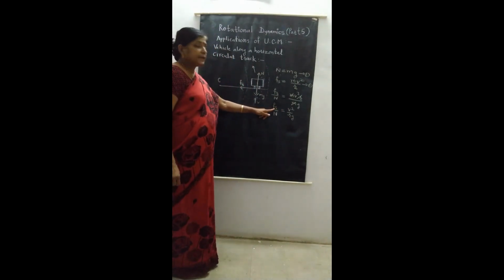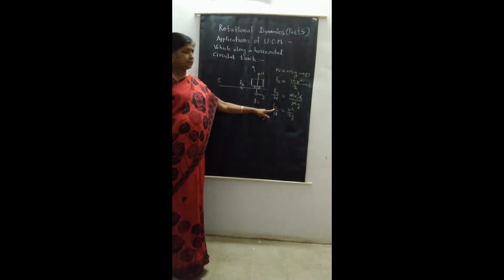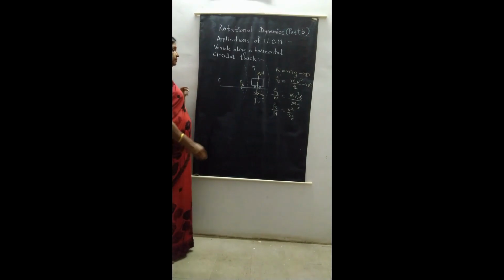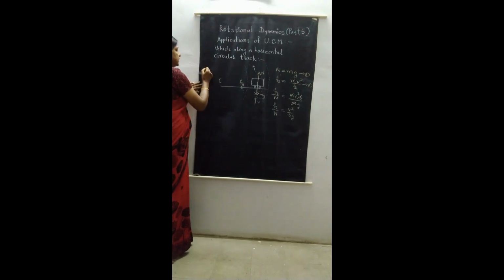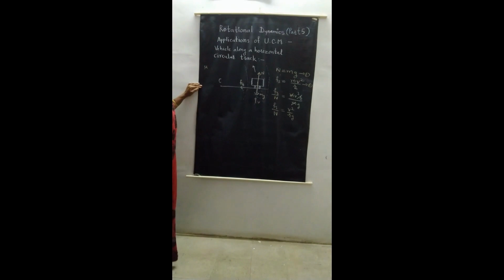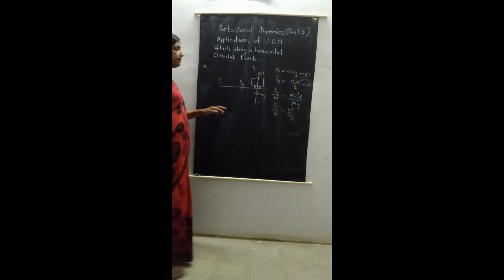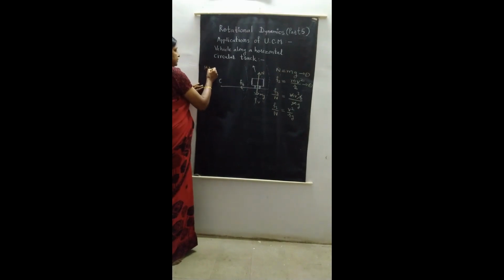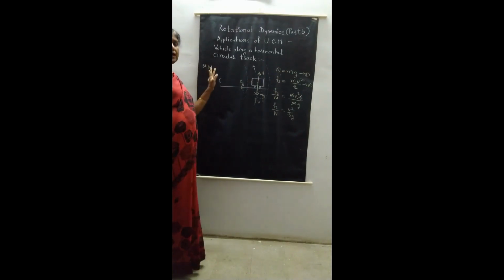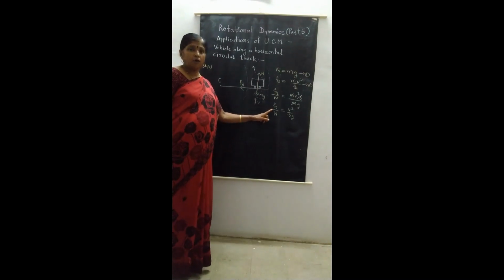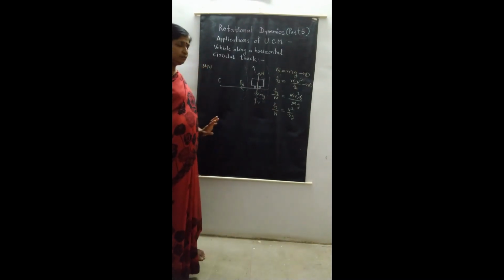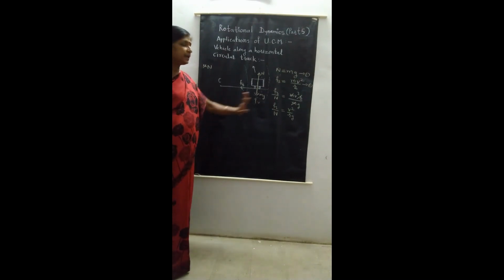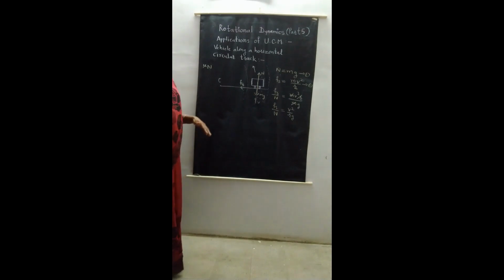Now this is the limiting force of static friction. It has some maximum value. You know that if mu is the coefficient of static friction, then the maximum value of Fs is mu into N, or according to the first law of static friction, the limiting force of static friction is directly proportional to the normal reaction.